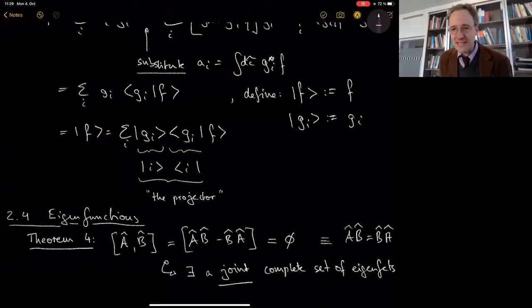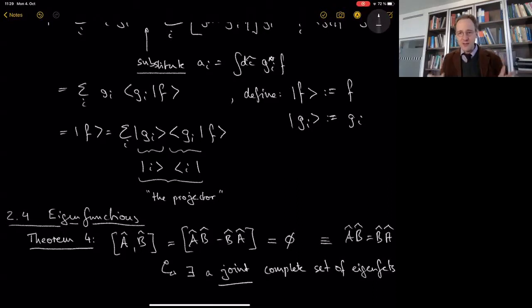So that's crazy, right? Imagine you have two different operators. They could have no or hardly any recognizable relation to each other at all. If they commute, they will have the same eigenfunctions. Right? So the solutions to the eigenvalue problem, the functions, are the same.